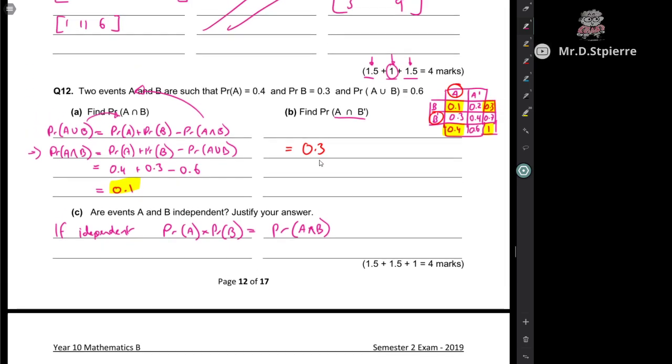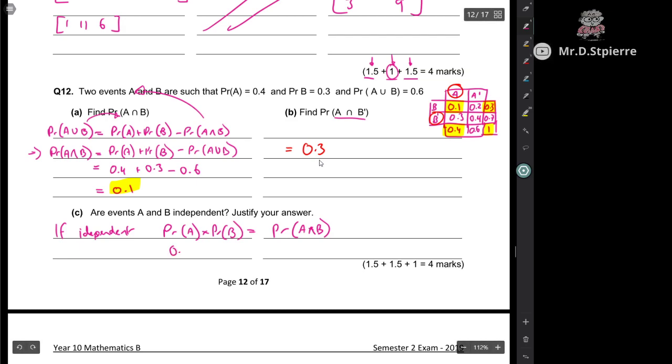So let's do that check. Given the information we've figured out or we're given, we get 0.4 times 0.3, and that is equal to 0.12.